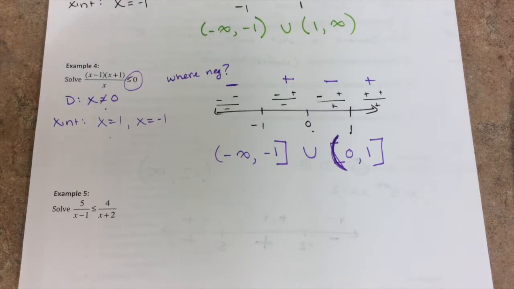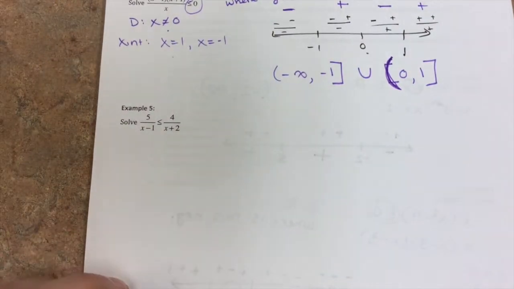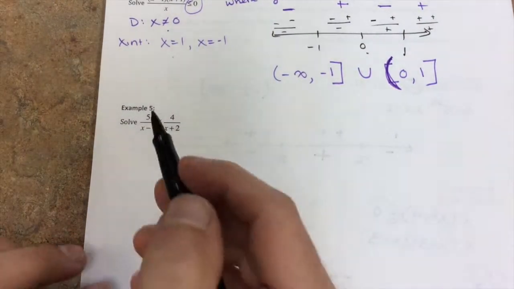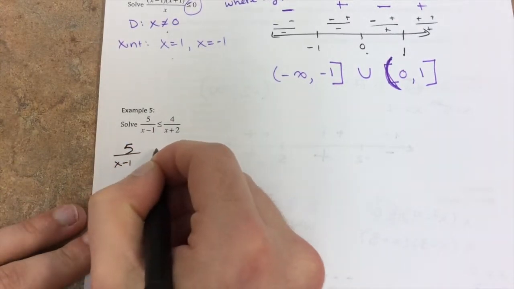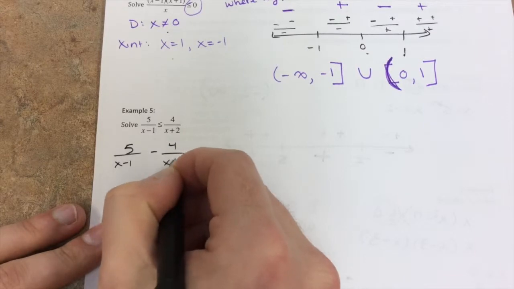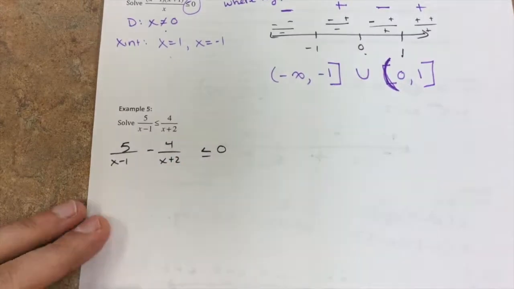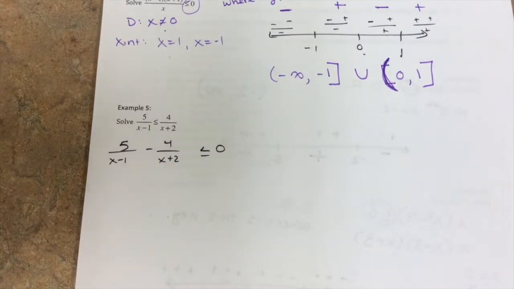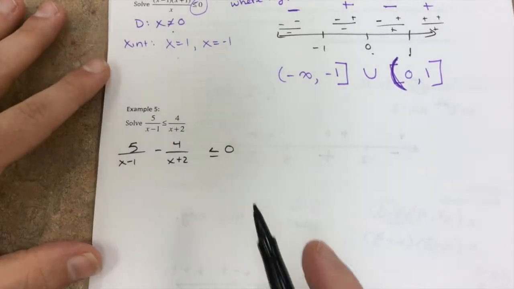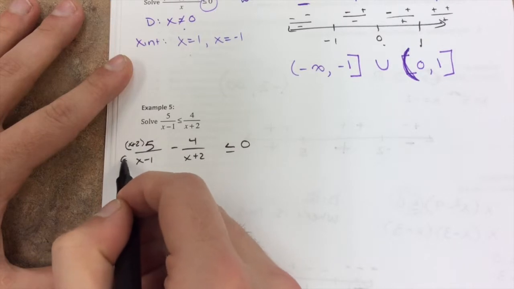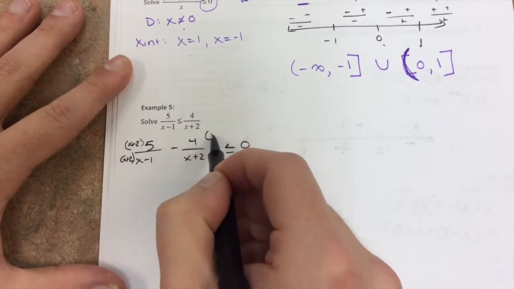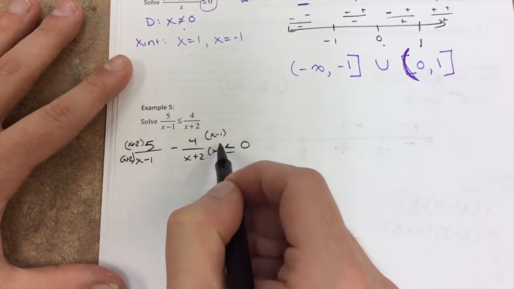Last up, fractions that we have to do a little bit of work to. So we need to get these all on the same side. So that's 5 over x minus 1 minus 4 over x plus 2 is less than or equal to 0. Now, in order to do all of our work, we need a common denominator. So this needs a x plus 2 on the top and bottom, and this needs a x minus 1 on the top and bottom.